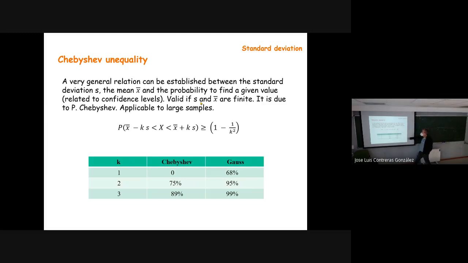So in our case, you should always have at least, well, it doesn't tell you anything for the plus 1 minus 1, so this was chance. But for the plus 2 minus 2, it tells you that you should have 75% of your data there. And for 3 times the standard deviation, you should have close to 90% of your data.